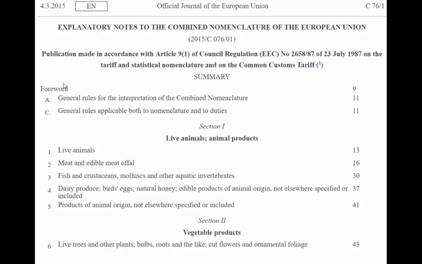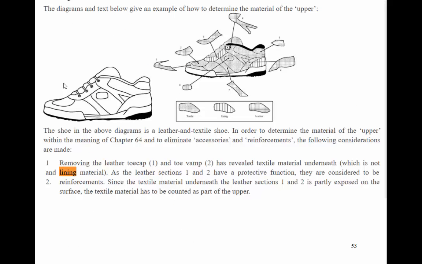Explanatory notes to the combined nomenclature of the European Union. So this is not just about shoes, it's about live animals, meat and edible meat, offal, fish and crustaceans, mollusks and other aquatic invertebrates, birds, eggs, natural honey, and so on. So it goes all the way down, and then it gets to shoes. So the diagrams and text below give an example of how to determine the material of the upper, which is the top part of the shoe.